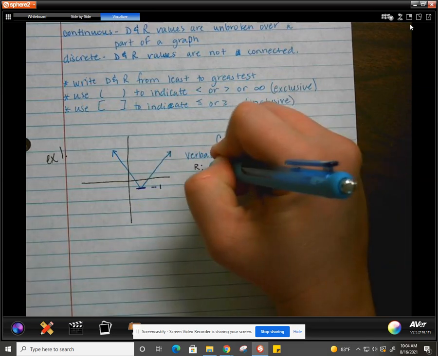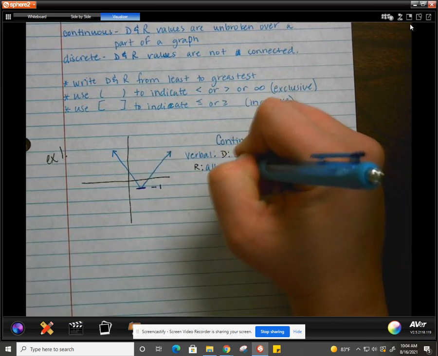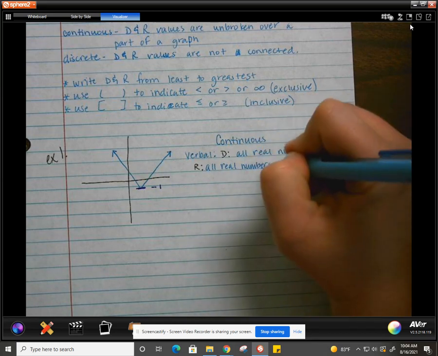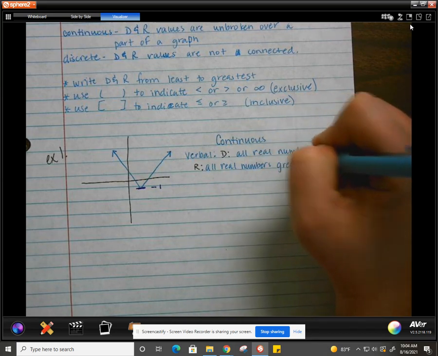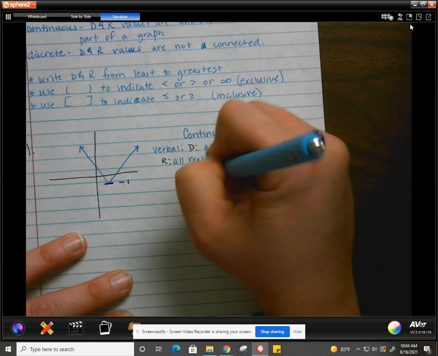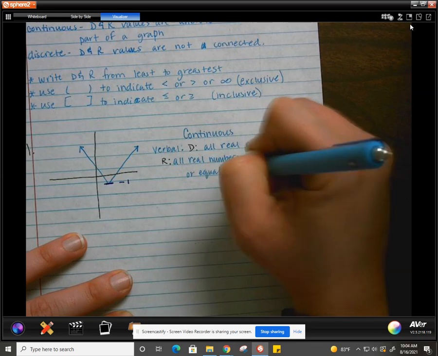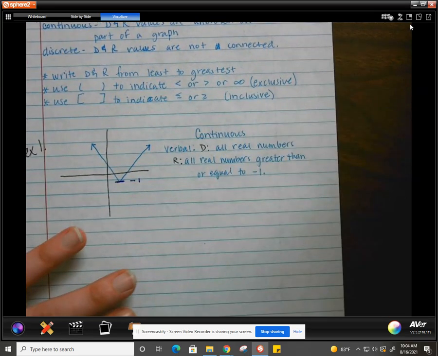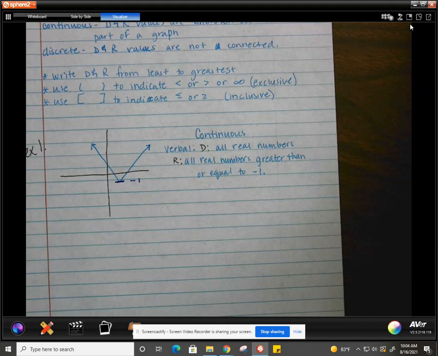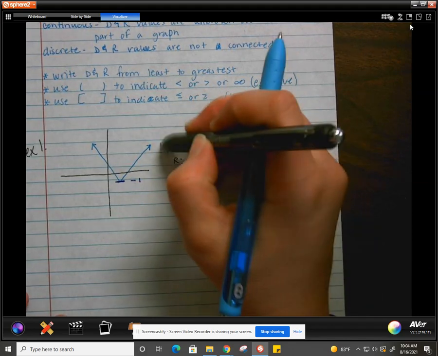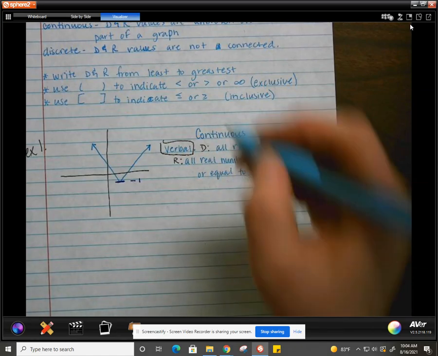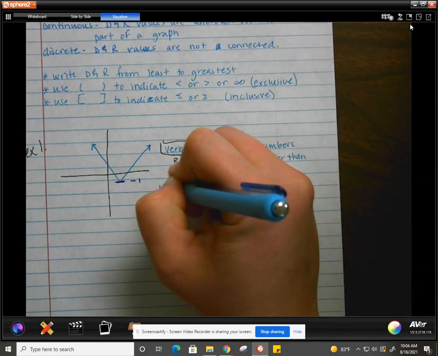So this is, again, all real numbers, and we're going to put greater than or equal to -1. Now, you don't have to spell out numbers, but you do have to spell out your symbol and everything on verbal. Okay, so that's part 1, verbal. Got verbal. Okay, the second part is going to be our inequality notation.